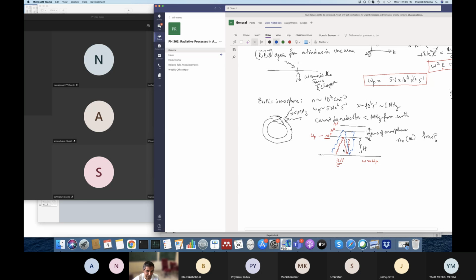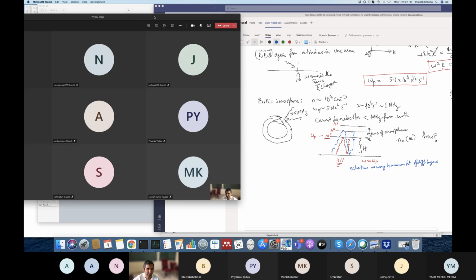So this gives you a way to measure. This echo time gives you a way to measure the height of different layers. Okay, do you get the idea, Sachin?